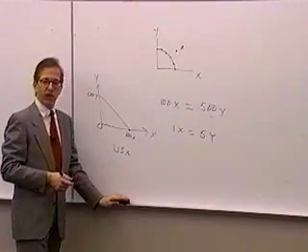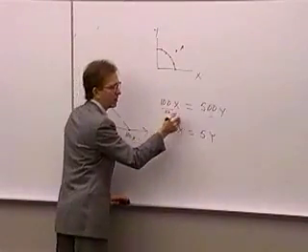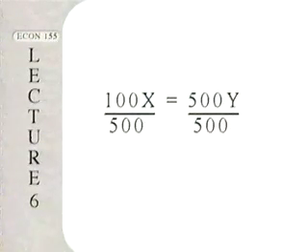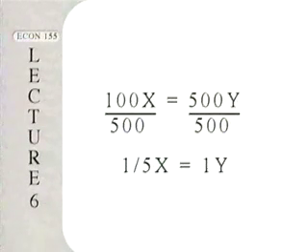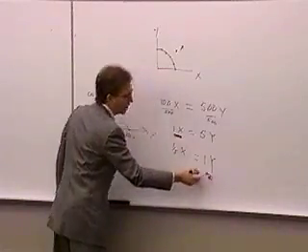We could also calculate the opportunity cost of 1 unit of Y. Let's divide by 500. And so now this would say 1 unit of Y has the same opportunity cost as 1/5 unit of X. And so here are our opportunity costs for either 1Y or 1X.